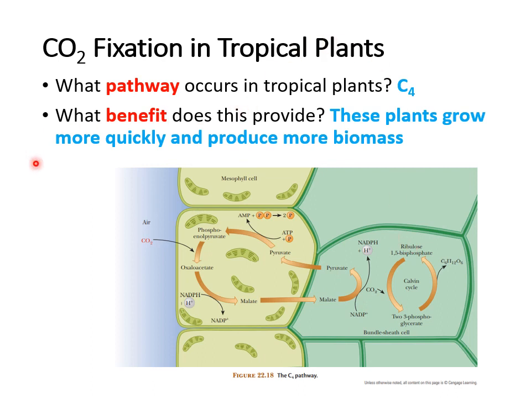So make sure you're mainly aware of the name C4 pathway. That's an alternative to just using the Calvin cycle that you find in C3 plants, and that it's found in tropical plants that end up growing much bigger and more robust, much quicker, because of this pathway.